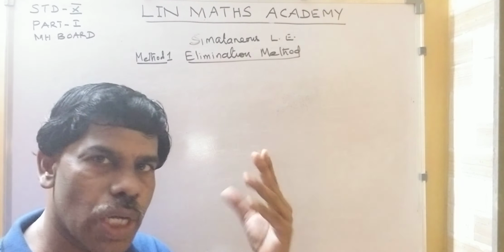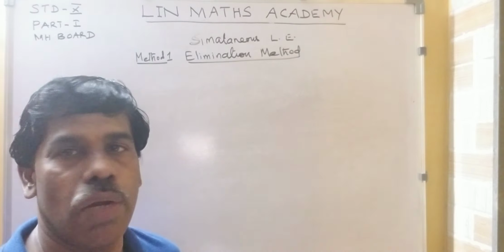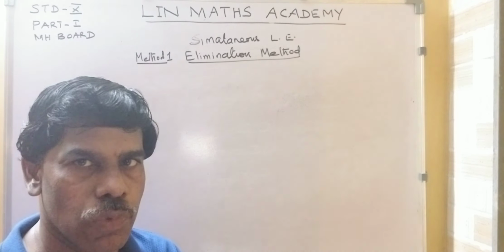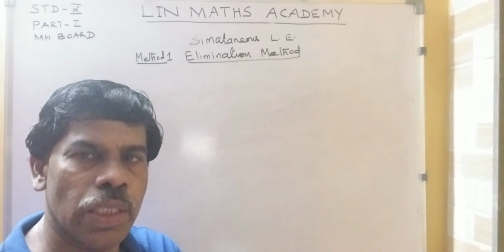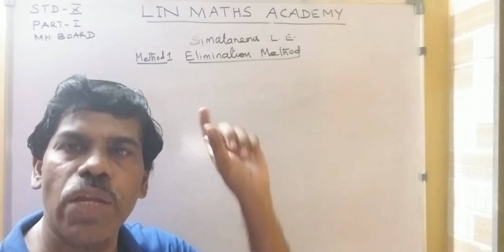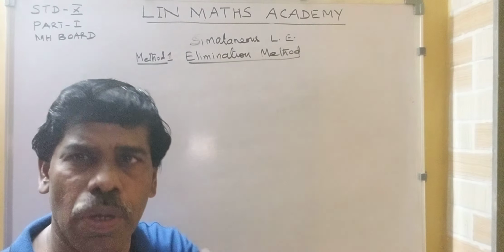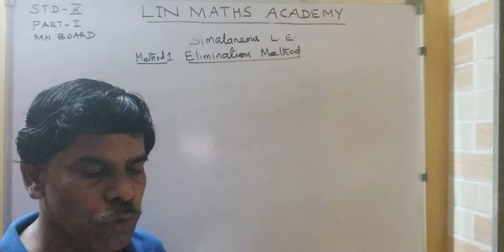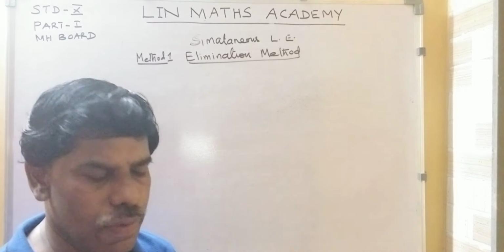Thereby, we reduce the simultaneous linear equation into a linear equation in one variable. Then we will solve, so we get the value of one variable. Then, on substituting that variable in any one of the two given equations, we will get the value of the second variable also. Right? Now let us start with one example, then you will understand.